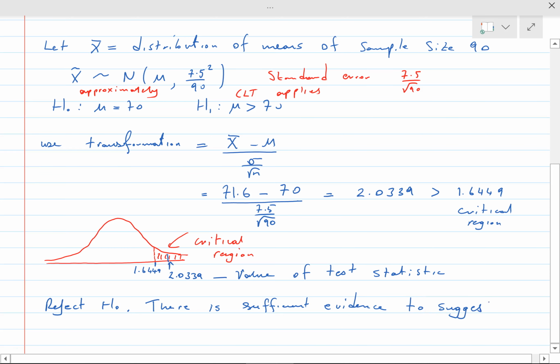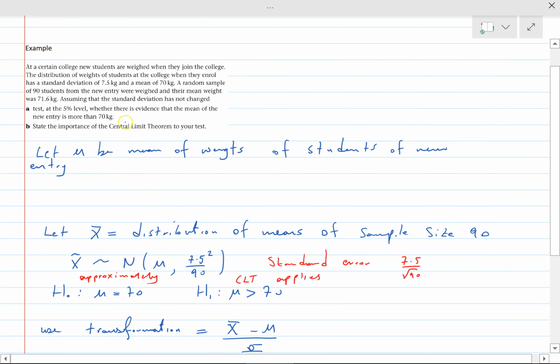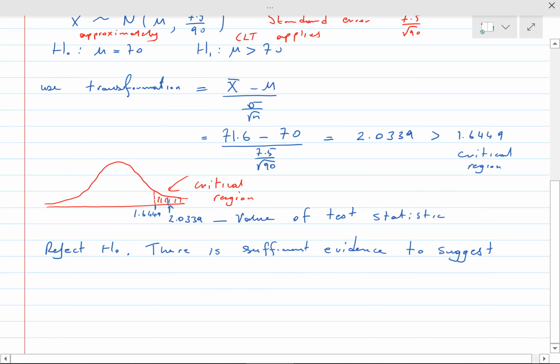And let's get to the original question. The original question said that the mean of the new entry is more than 70 kilograms, so to suggest that the mean of the new entry is more than 70 kilograms.